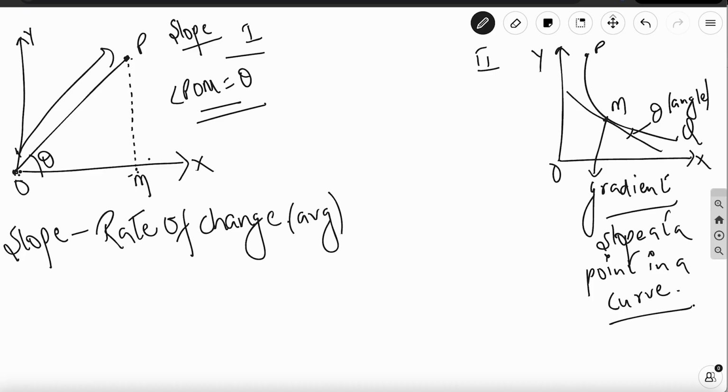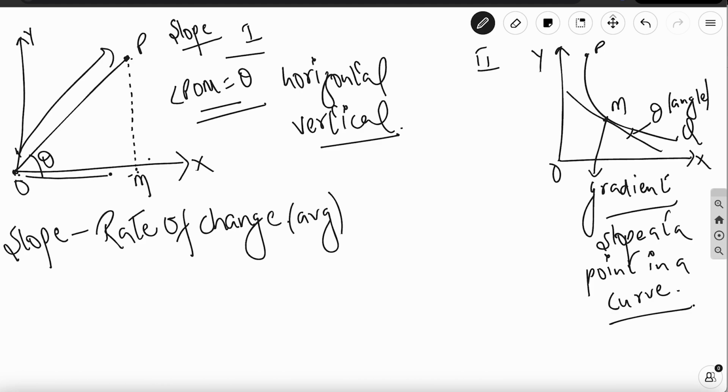Now when we move on an inclined path, as we move ahead, the distance that we have traveled changes both at the horizontal level as well as the vertical level. Why? Because this is an inclined path.